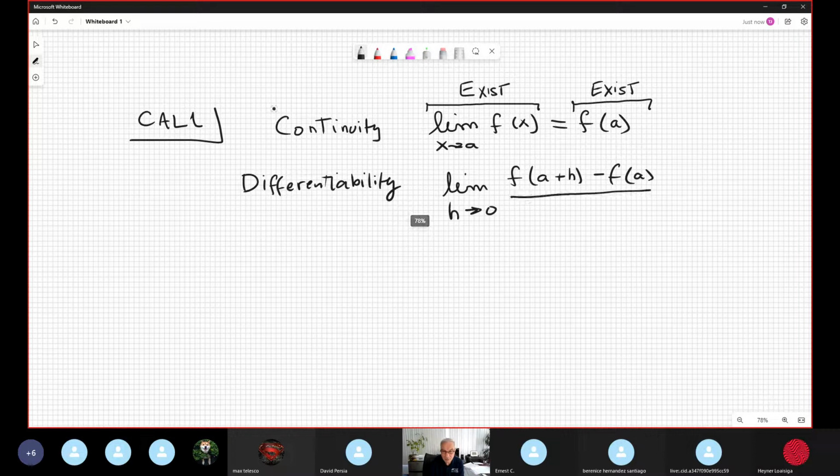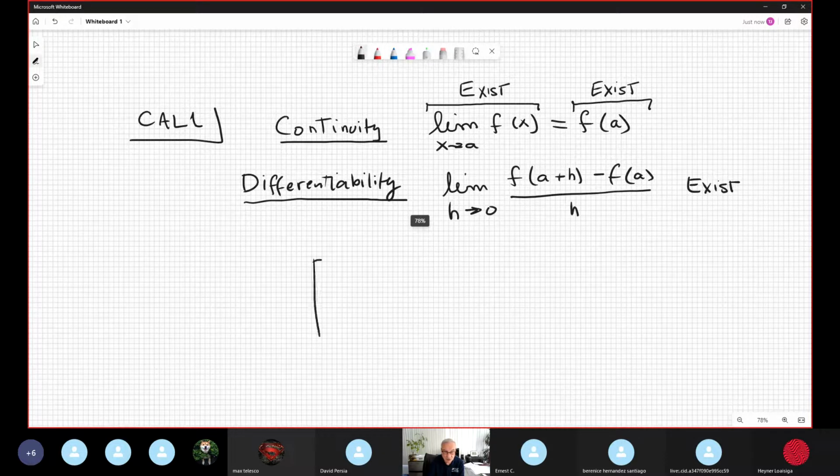So we are talking about the point a, differentiability at the point x equal a. See, this limit exists. Then differentiability is a concept stronger than continuity.